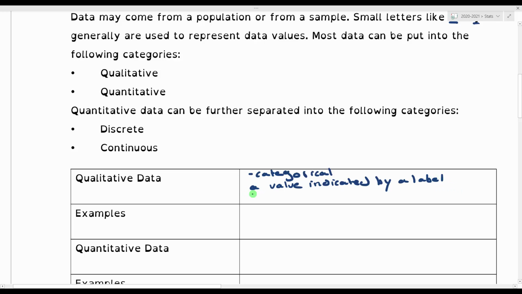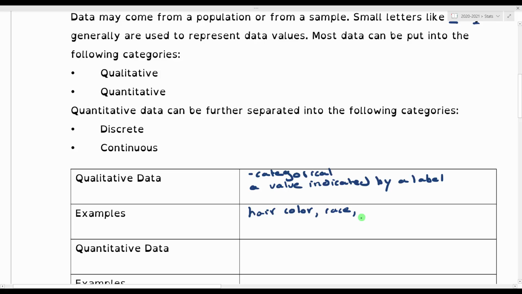Examples of qualitative data would be non-numerical data. Hair color is a good example. If you were collecting data on the hair color of people, hair color is qualitative. It's a non-numeric value. Race: if you were to collect data on what race people are, that is not a numerical value.